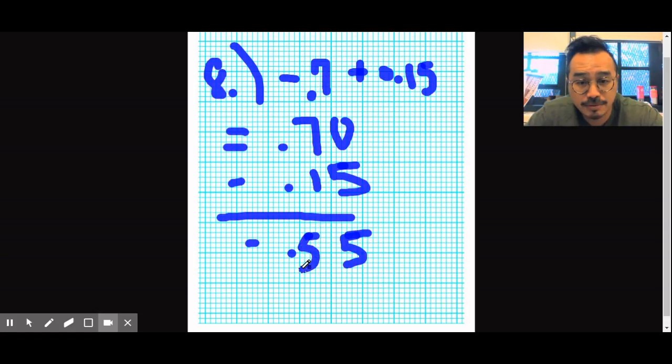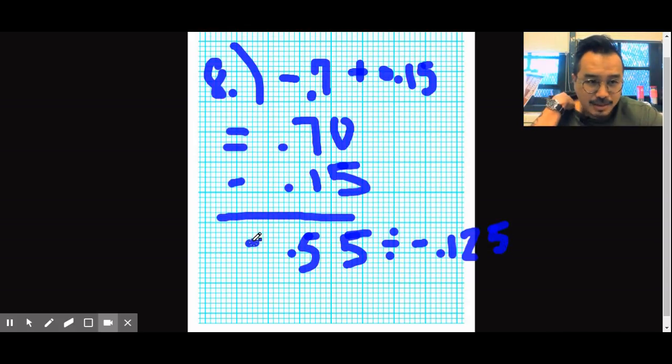So negative 0.55. Now it has to do what? Divided by negative 0.125. All right, and now right off the bat, it's negative times negative. What do you think the answer should be as a sign? That's right, positive. So you can eliminate two choices right there.